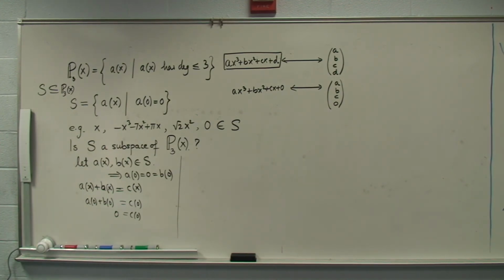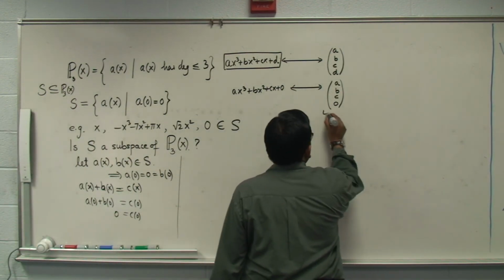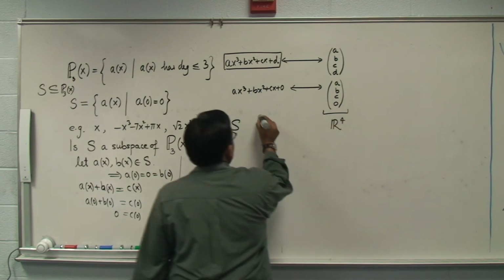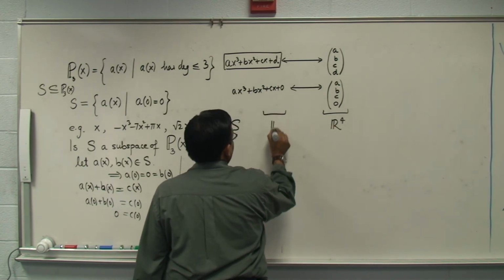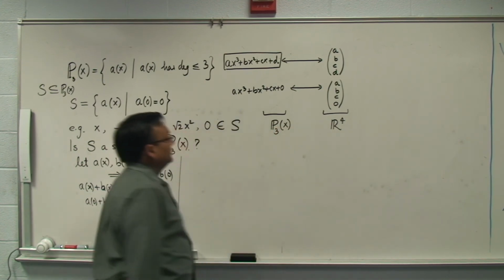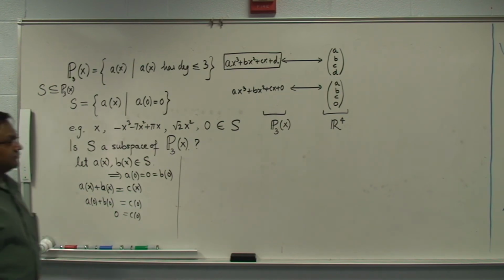Okay? Now, why should we feel so great about this? Remember, this world is R4, and this world out here is the polynomials. We are saying the polynomials of degree less than or equal to 3 seem to be behaving almost like vectors in R4.